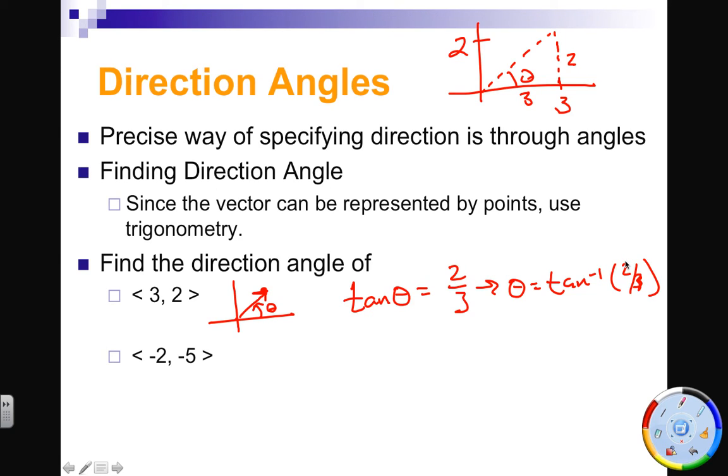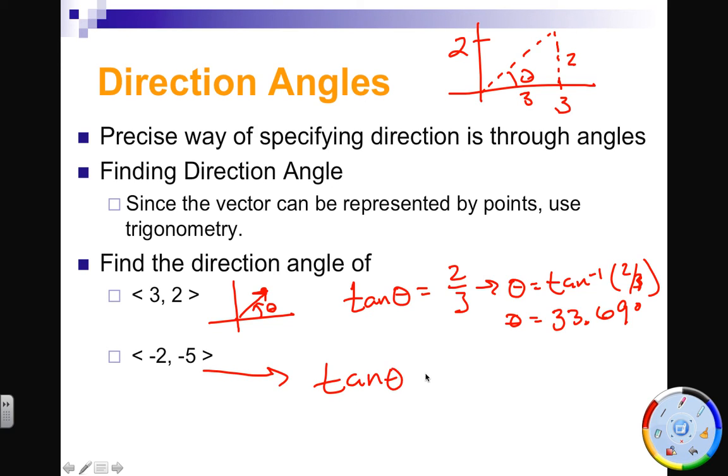If I do that on my calculator really quick, degrees are fine here, so let's go ahead and change mine to degrees. Tan inverse of 2 divided by 3 is 33.69 degrees.